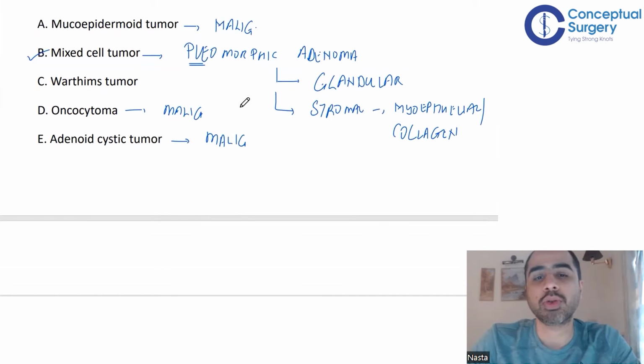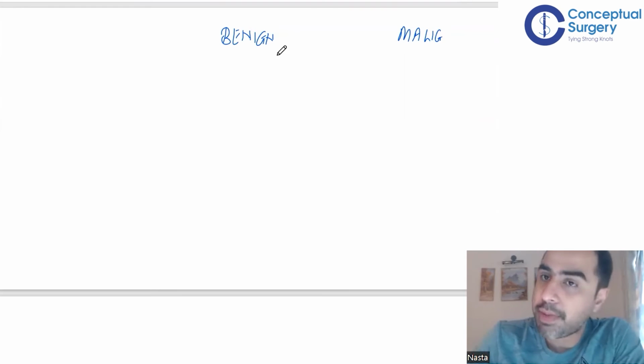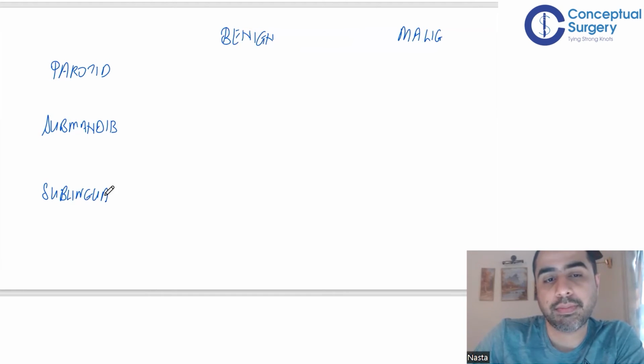Now, if they ask you most common salivary tumors, an easy way to understand is you put it like this: benign, malignant, and there are three pairs of salivary glands which contain the tumors. One is the parotid, other is submandibular, and the last is sublingual. These are my three major salivary glands.